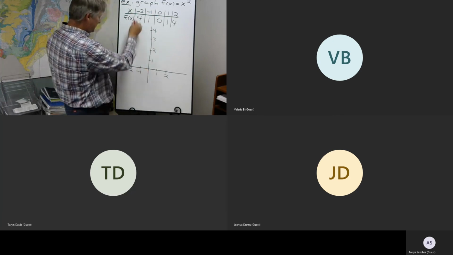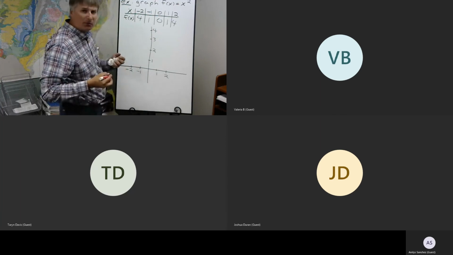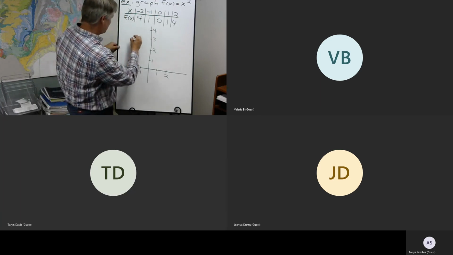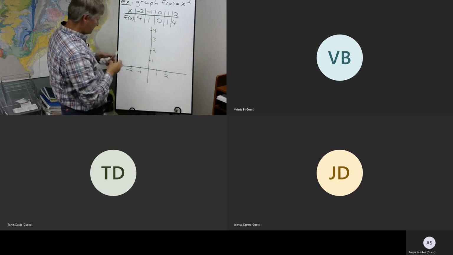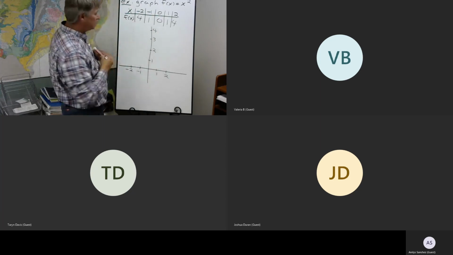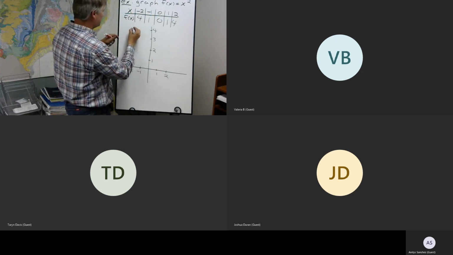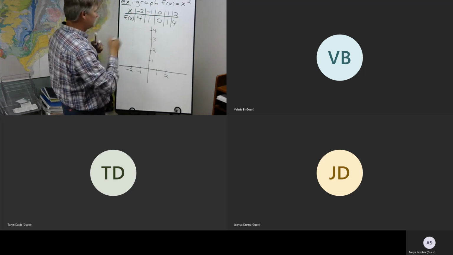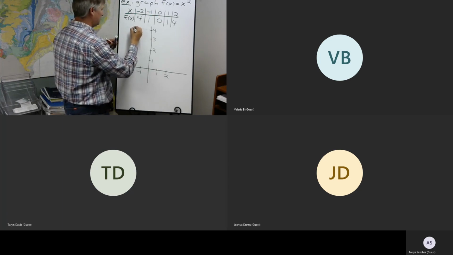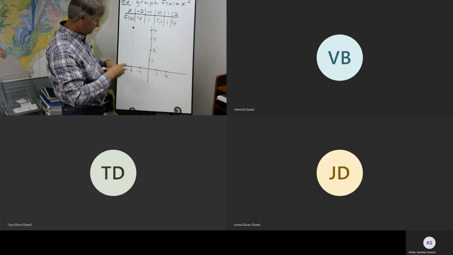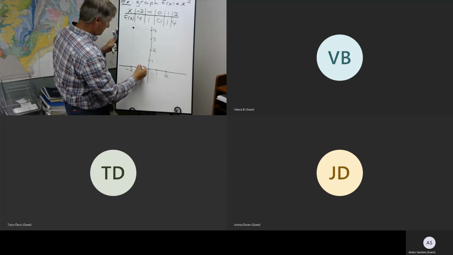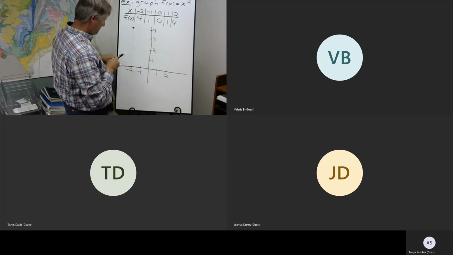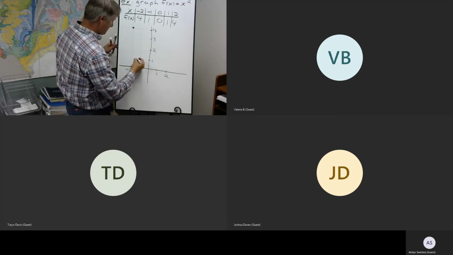So we're going to have a vertical line at -2. And again, I'm going to draw it on the board, but you could draw it in your mind. Input of -2, outputs are always horizontal. And so where these cross, I put a point. For -1, I get an output of 1.